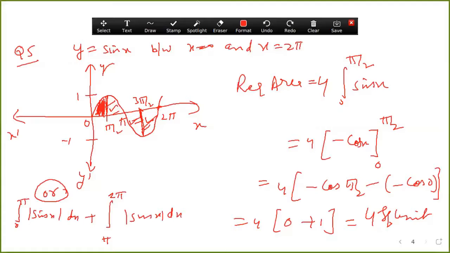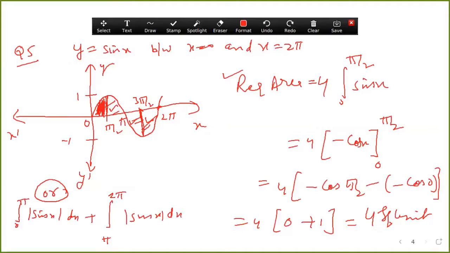It means after integration, if you get a negative area, take the mod sign. You can do it like this also. But I have done it by taking the limit 0 to pi by 2.